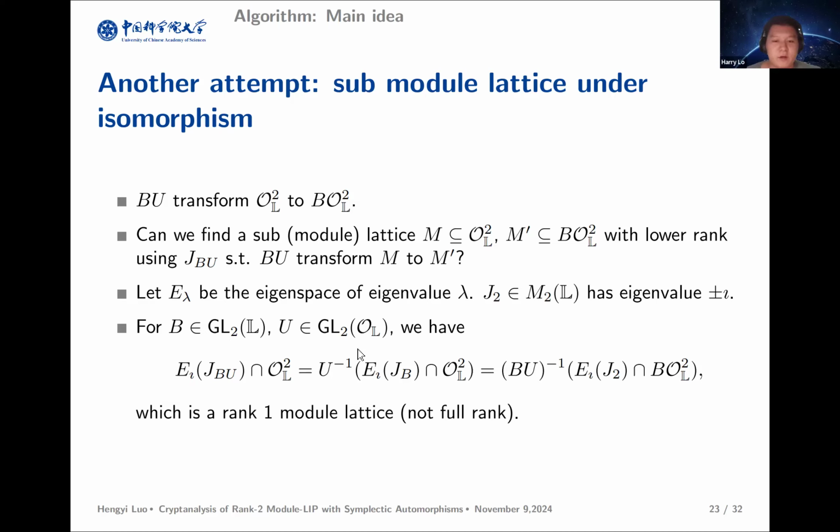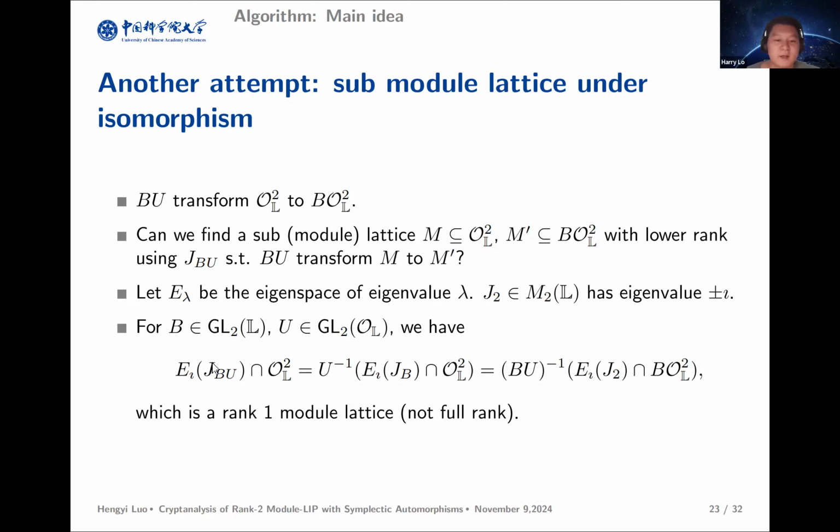We approach this by using eigenspaces. Let E sub lambda denote the eigenspace for eigenvalue lambda. We know that the 2x2 matrices J sub 2 and J sub BU both have the eigenvalues plus or minus i.